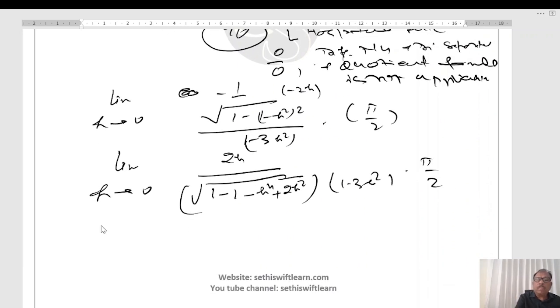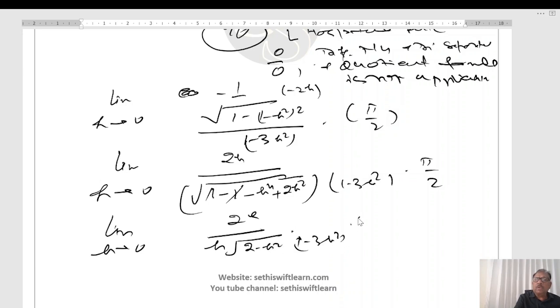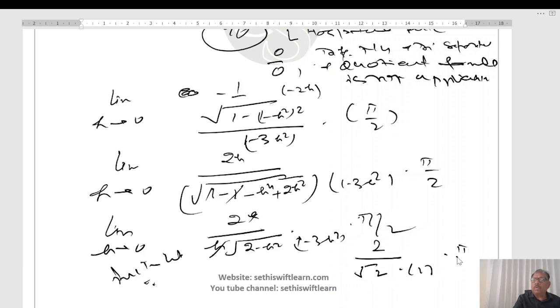Further, we take h common, under root 2 minus h square, into 1 minus 3h square into pi by 2. Put the limits. What will come? This goes 2 upon under root 2 into 1 into pi by 2. This goes to pi by root 2 as the right hand limit.